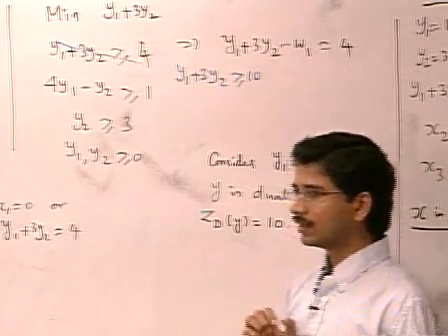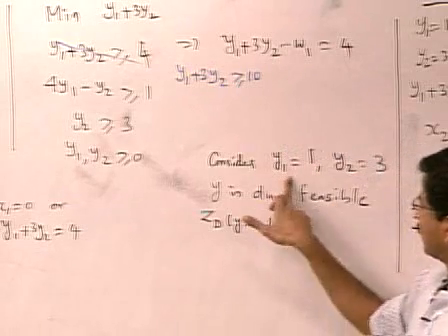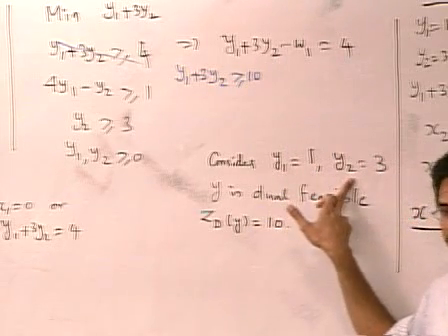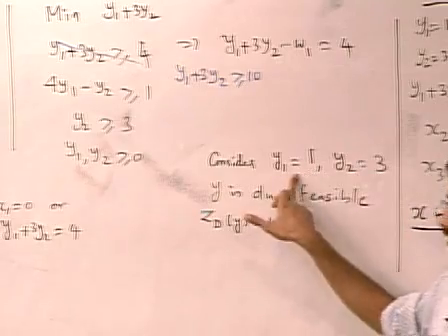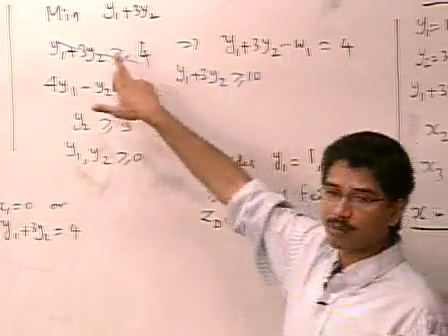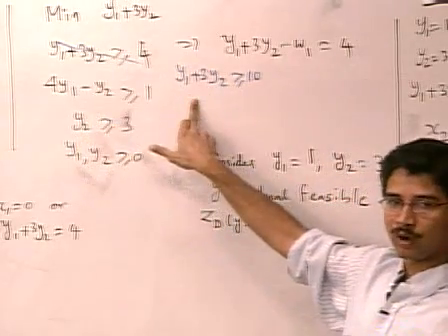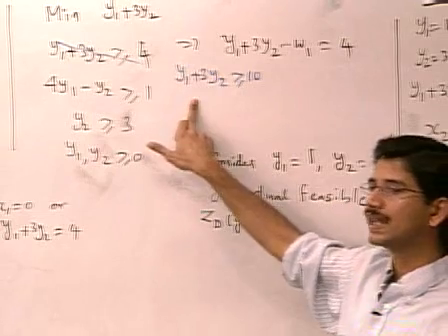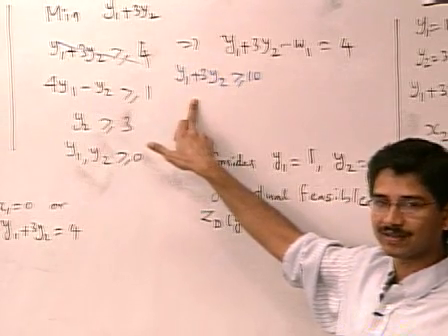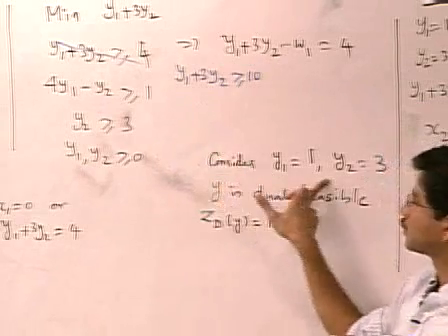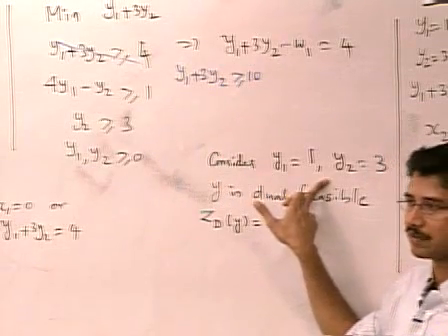Now, that says that this solution is still optimal because this is optimal for the original problem and it is feasible for this new problem. So certainly you cannot do any better than 10, and here's a solution with cost 10.